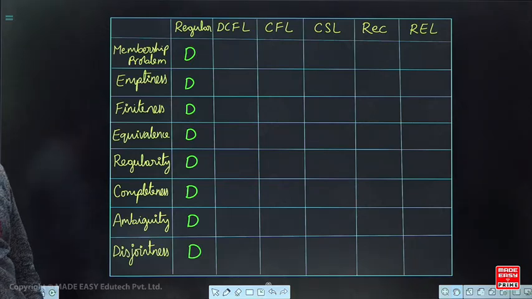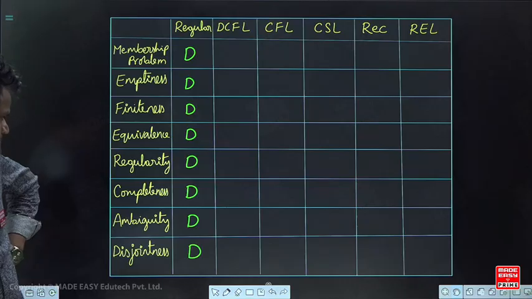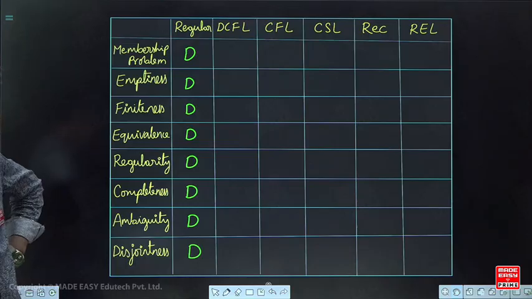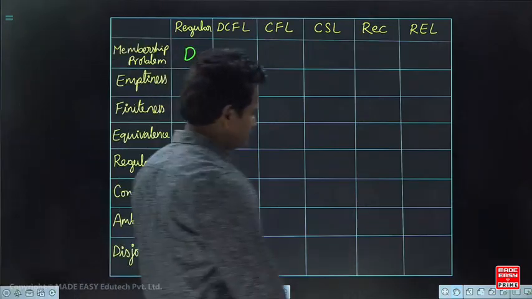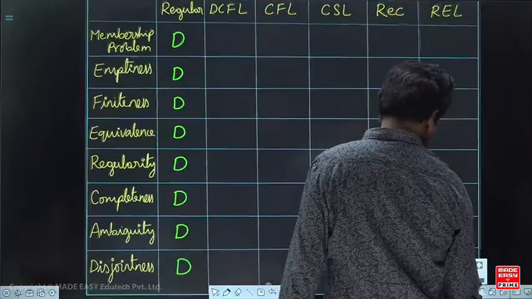Copy the table. Copy it, guys. Should I zoom?